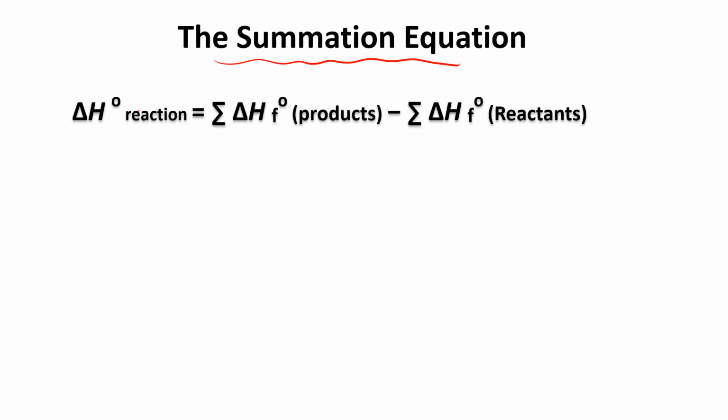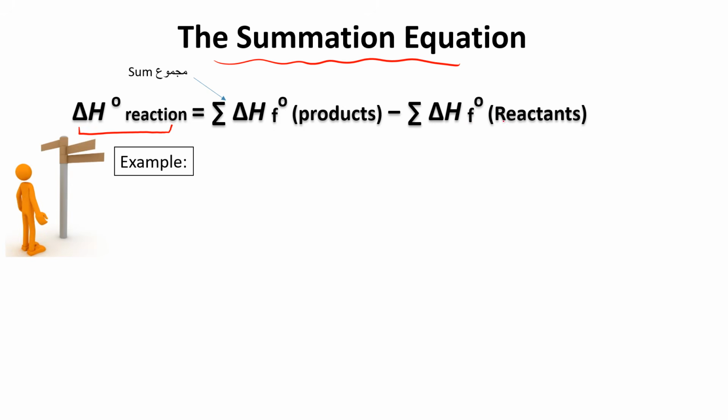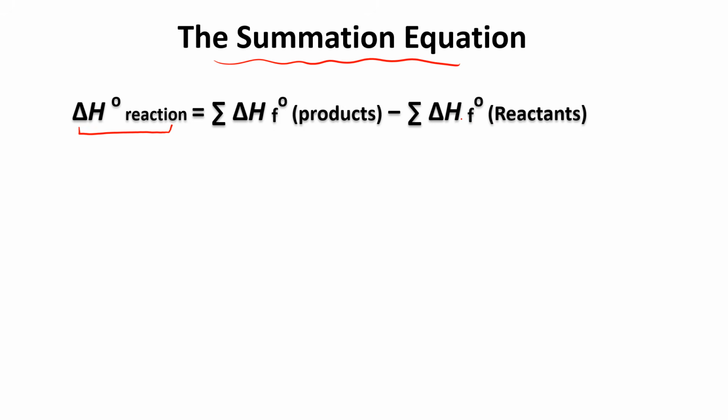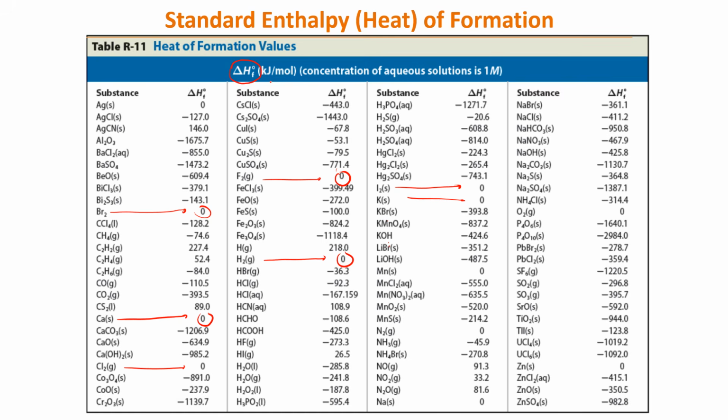The summation equation tells you that the delta H of a reaction is equal to the sum of the delta H formation of the products minus the sum of the delta HF of the reactants. So meaning these values here, which we will be using, okay?